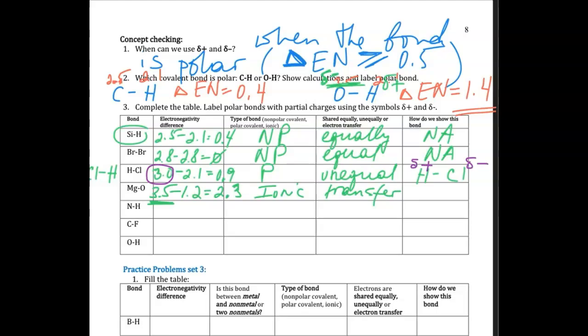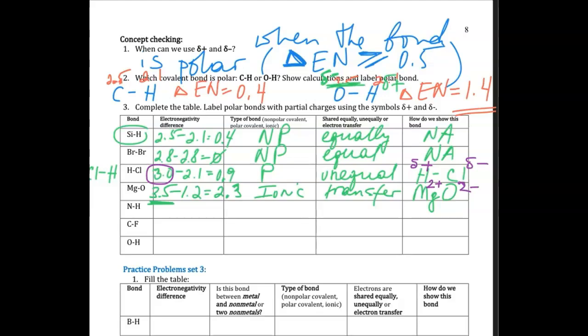So the next one, magnesium and oxygen. Magnesium oxide, the difference of electronegativity is 2.3, so that means it's an ionic compound. It's not sharing, it's transferring of electrons. Magnesium loses its electrons and oxygen gains electrons.